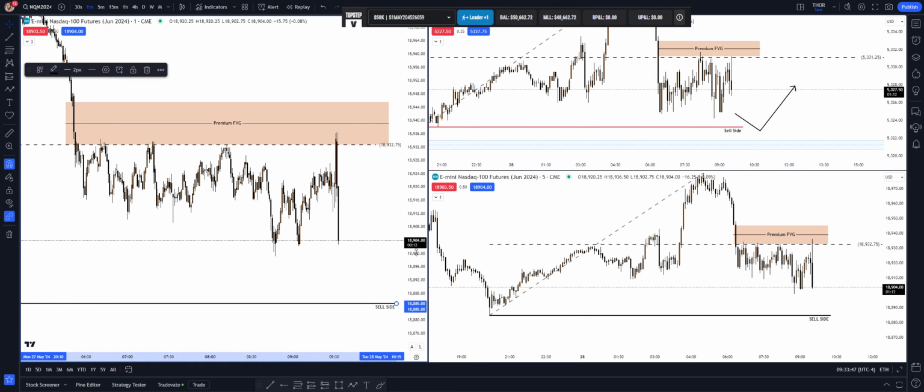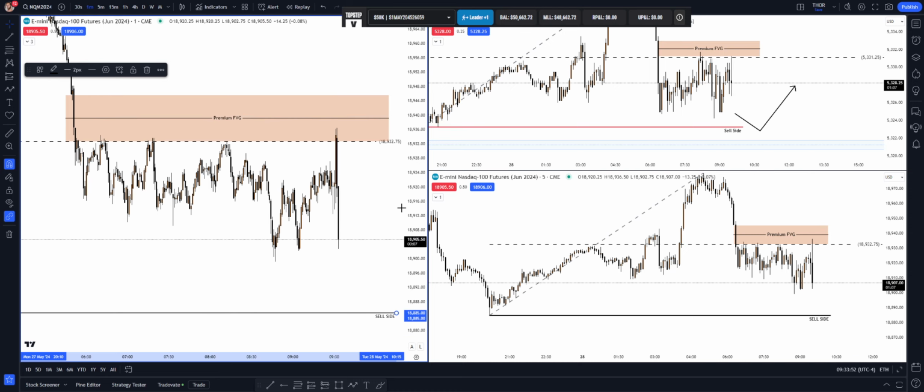So the sell side on Nasdaq is at 885. Should get tagged in my opinion.